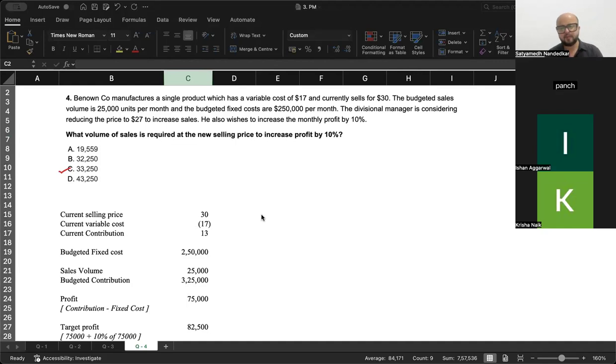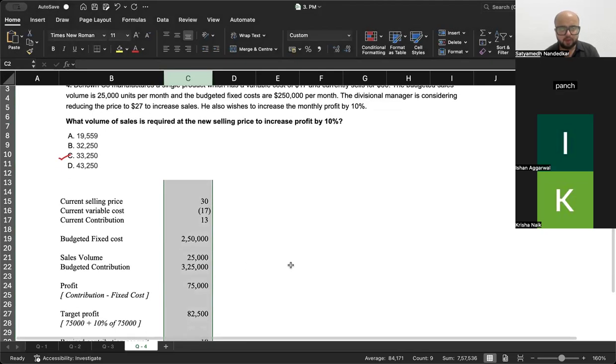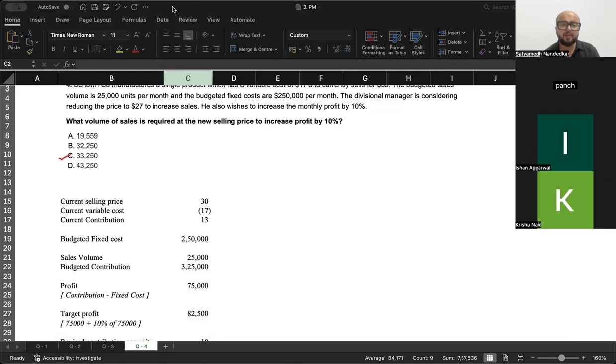Okay. Anything that you want to ask here? Yes, sir. Yes. Okay. Let's go. This is medium level difficulty in my opinion. This is not very difficult, but this is medium level difficulty.